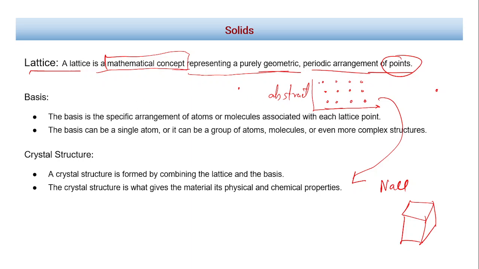Now to every point, if I put an atom, the atom is very much real. These points are abstract. Atoms are very much real. So if I place my atom on top of all these points, now these points were all at a fixed distance from each other.